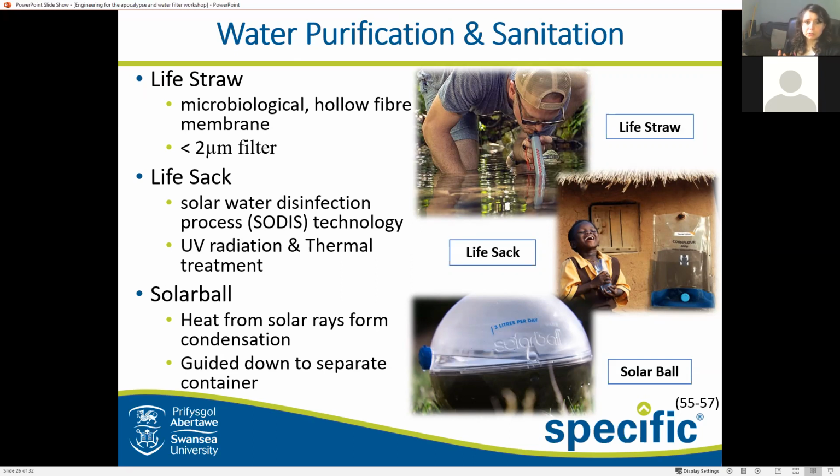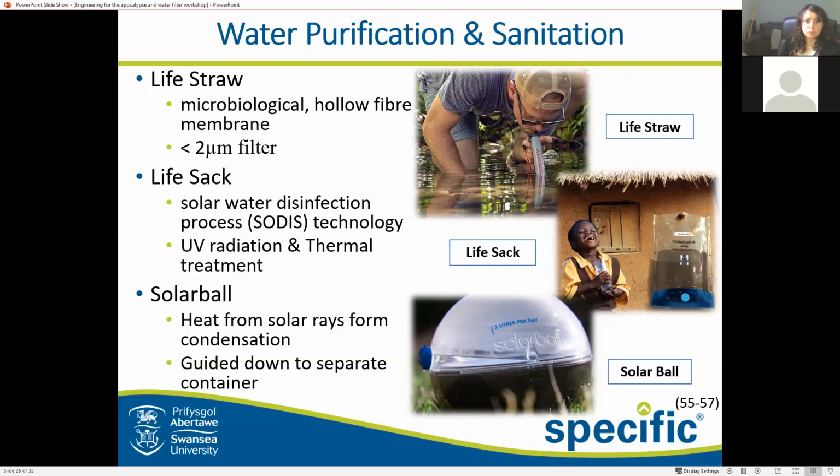So how this works is sunlight goes in and heats up the dirty water, and this leads to the water forming condensation on the roof of the ball, which is then guided down a spout via an internal gutter system that runs along its diameter, and then collects clean water where the contaminants are left behind in the other chamber.